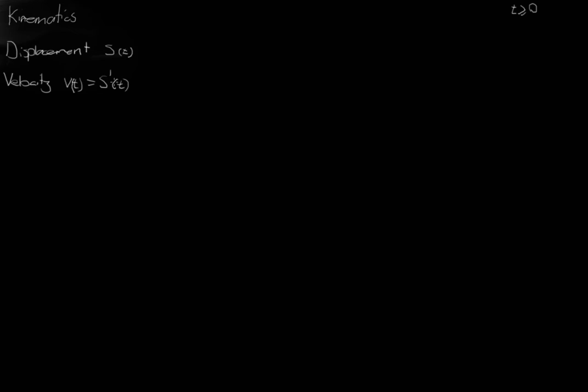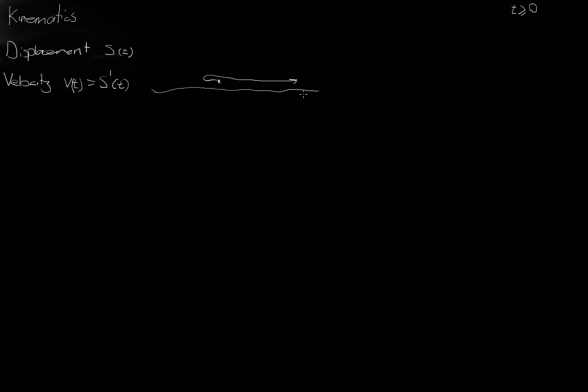So if we look at, let's just say we've got a bit of a line here, and we're going to say its position as an object that starts here at position 0. It's going to move down and then back that way.